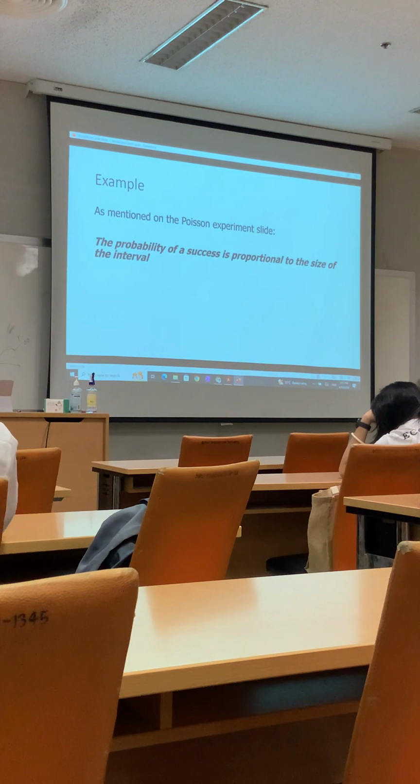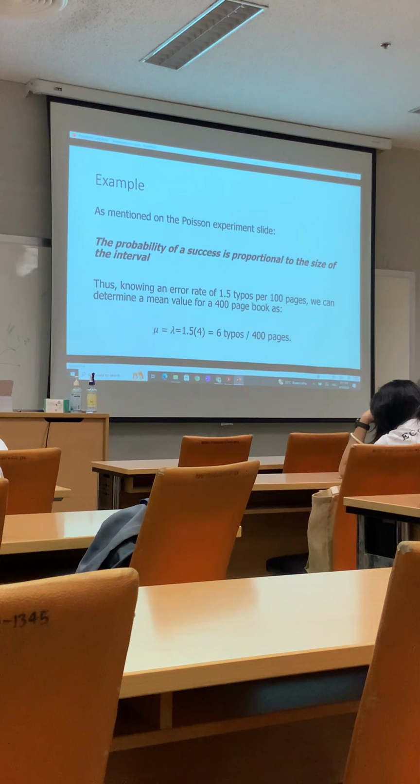You have to remember that the probability of success is proportional to the size of the interval. It used to be 1.5 per 100 pages, so if you have 400 pages, the lambda, or mu, or expectation of y will increase 4 times. So 1.5 times 4 is equal to 6.